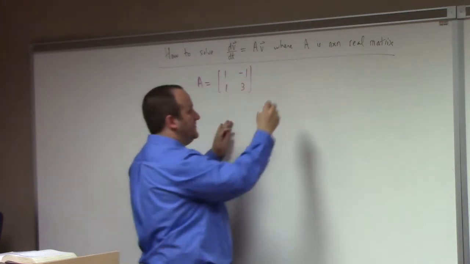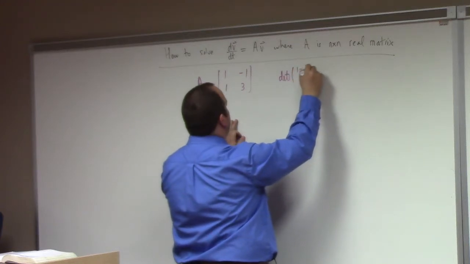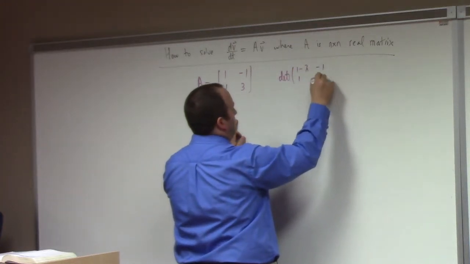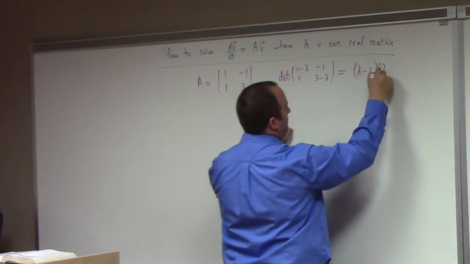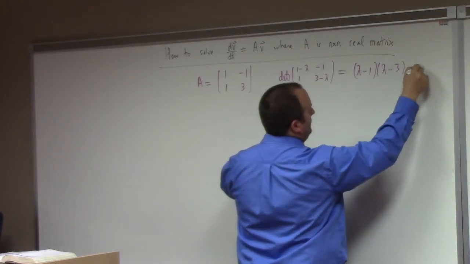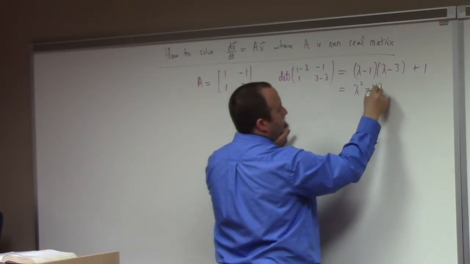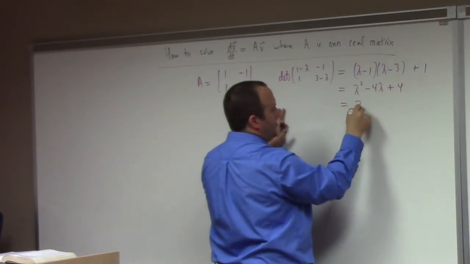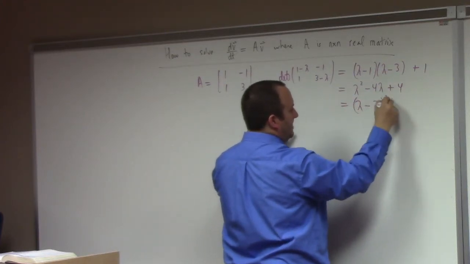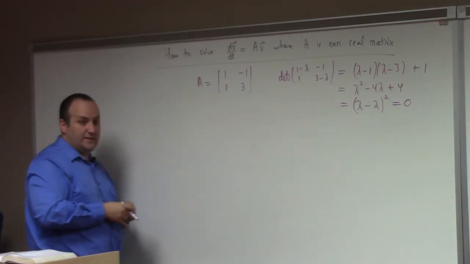All right, so first of all, we figure out the eigenvalues. Okay, so we have a repeated eigenvalue of 2 in this case.